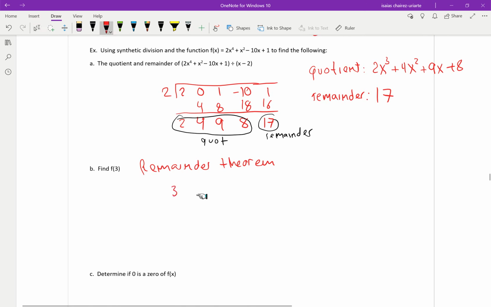So we're going to say 3 outside, that's my divisor, and then I have 2, 0, 1, negative 10, 1. So let's go through this process again.